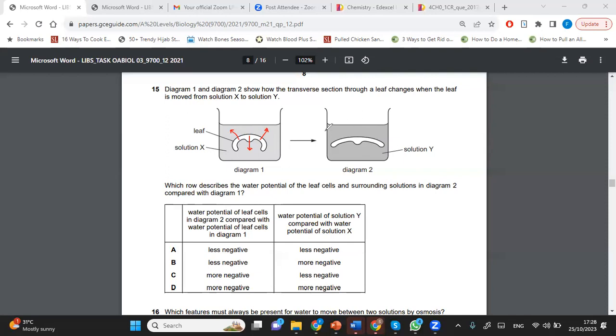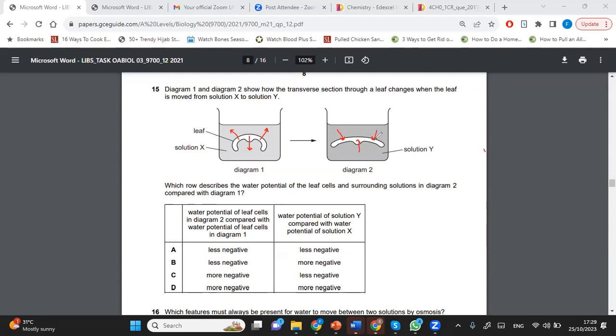Over here, our leaf is becoming flattened. It's becoming turgid, which means that water must be moving into the leaf. As a result, the water potential inside the leaf is increasing, or the pressure inside the leaf is increasing, and that's the reason your leaf is becoming flat.